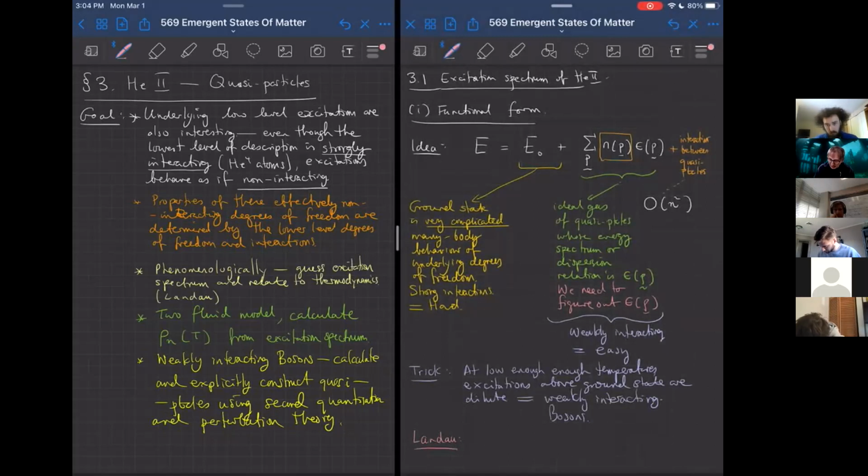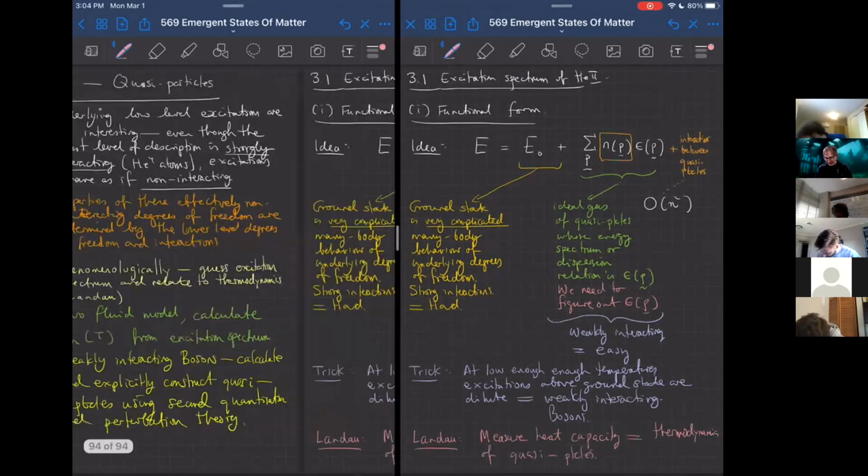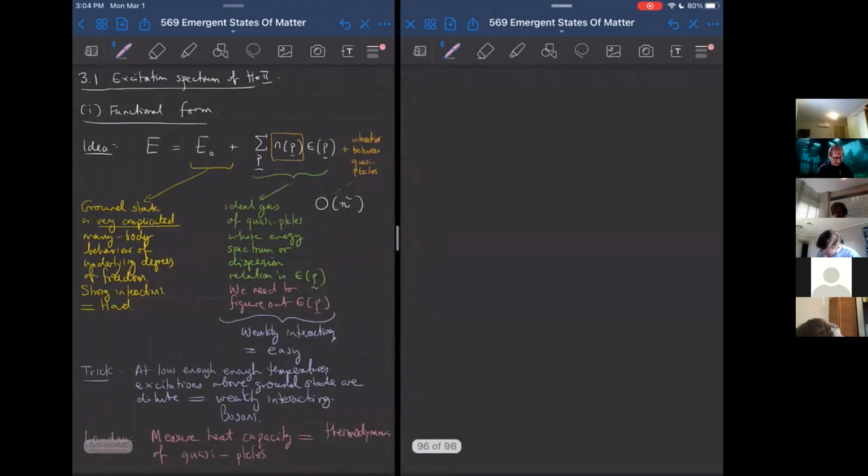And so Landau's idea was that when you measure heat capacity, what that is equal to is a measurement of the thermodynamics of the quasi-particles. Because what you're measuring are the properties as functions of temperature differences. And so what you are measuring then is the effect of just the quasi-particles.